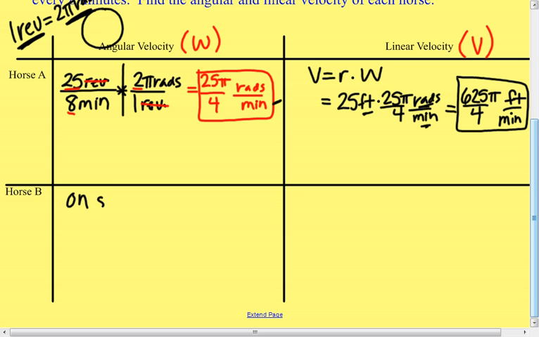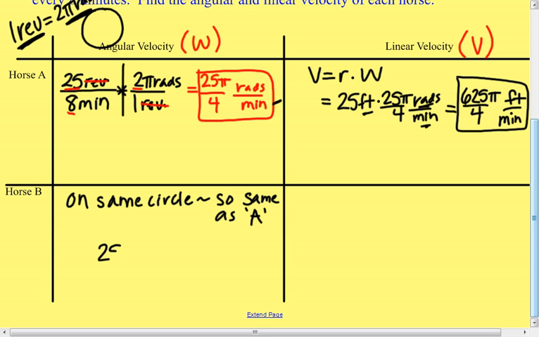So it is on the same circle and rotating at the same speed. So I'm going to write this, same as horse A.